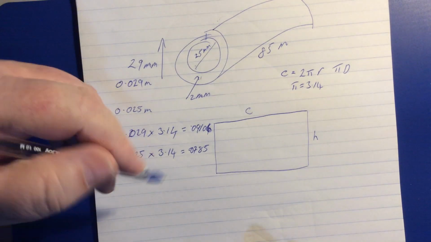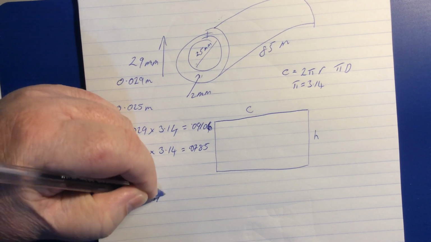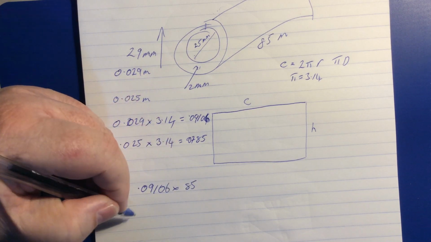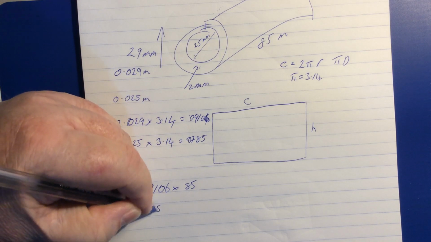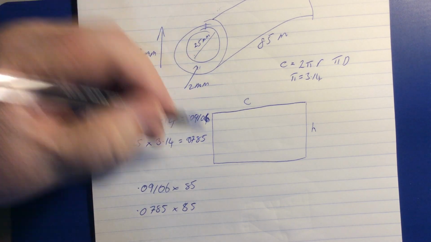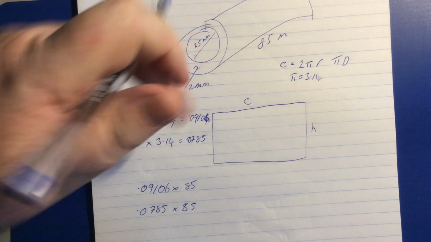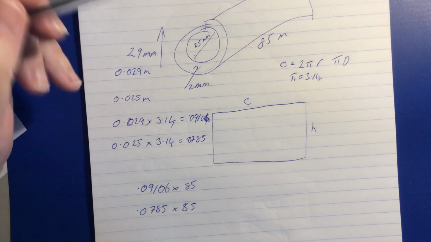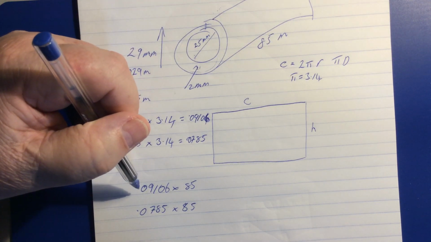So on the outside it is going to be 0.09106 times 85, and on the inside it's going to be 0.0785 times 85. And what that's going to do is give us the equivalent of this on the inside and the outside.